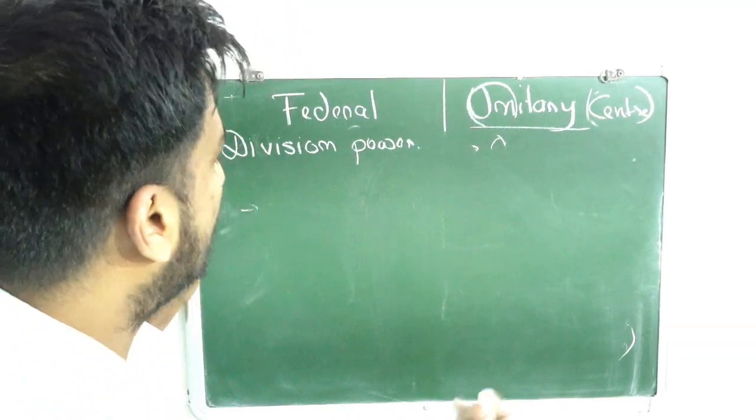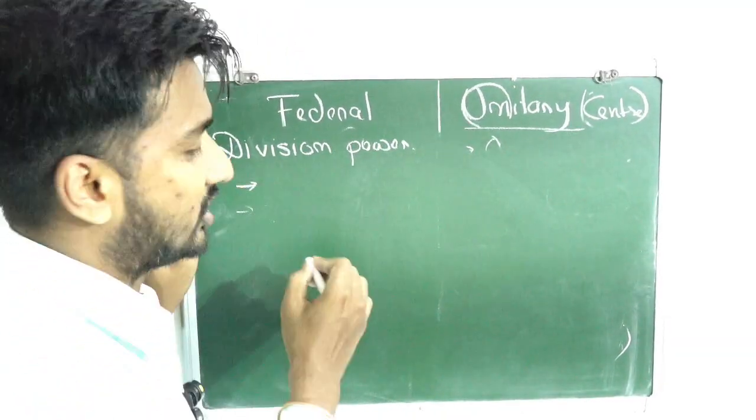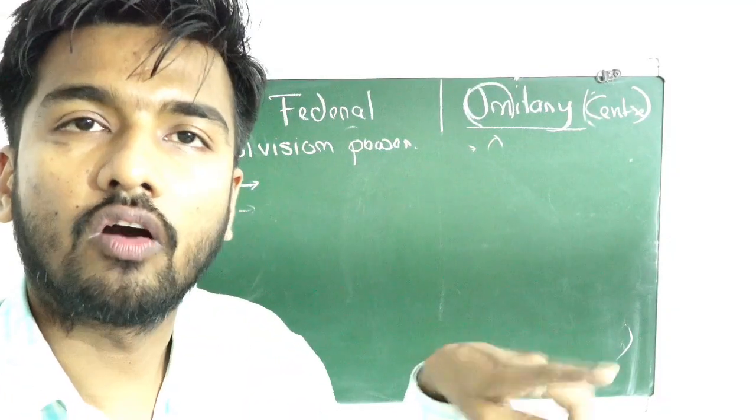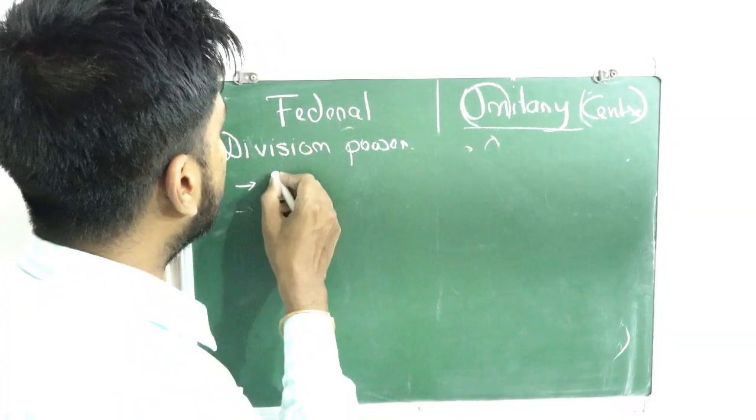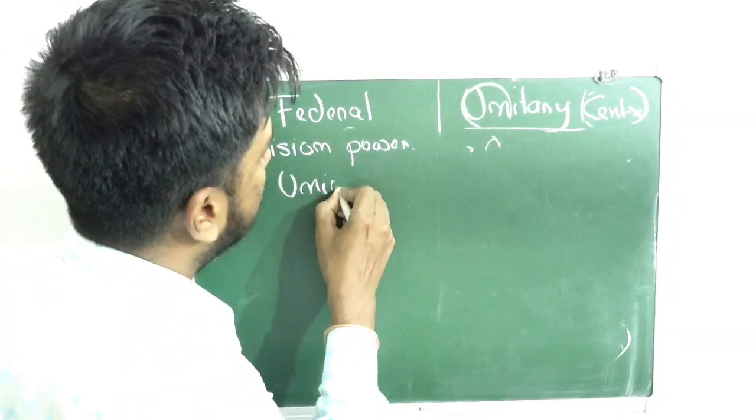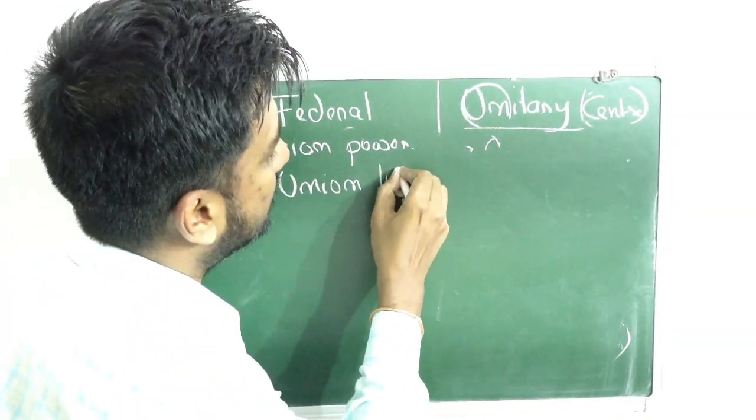For example, the areas in which the union government, the central level, can make laws is called the union list.